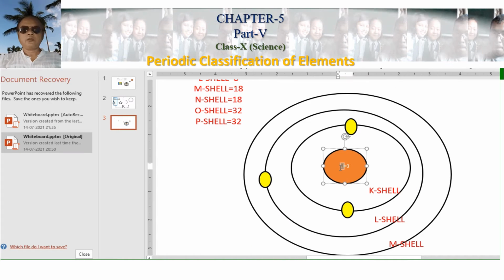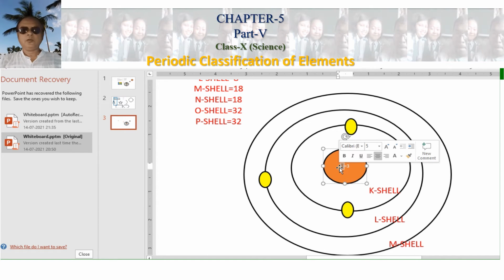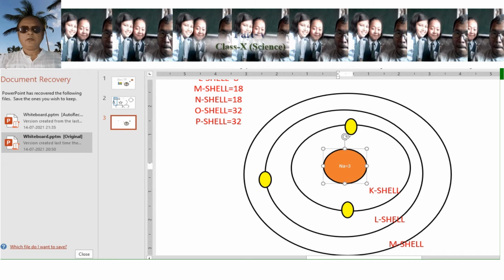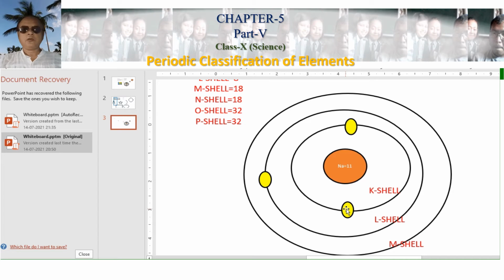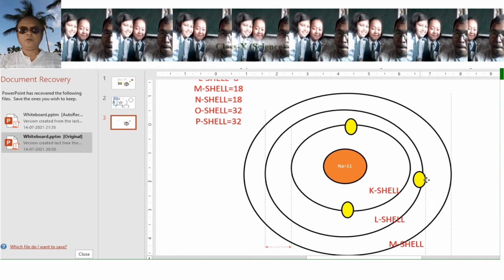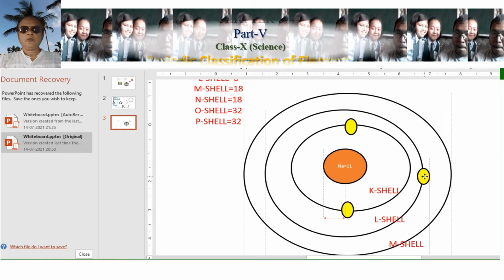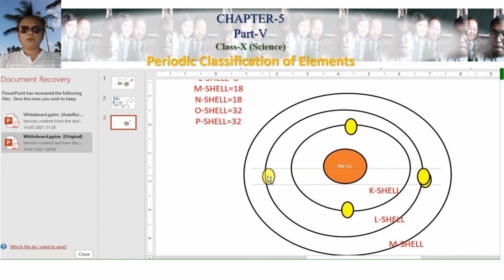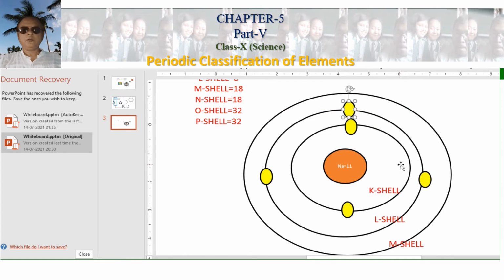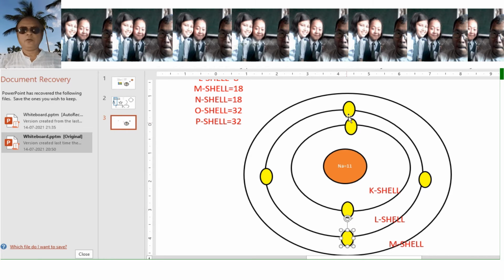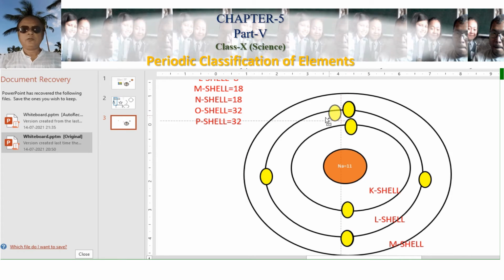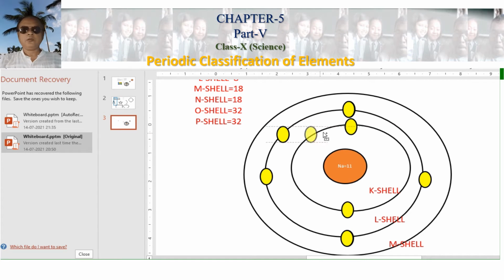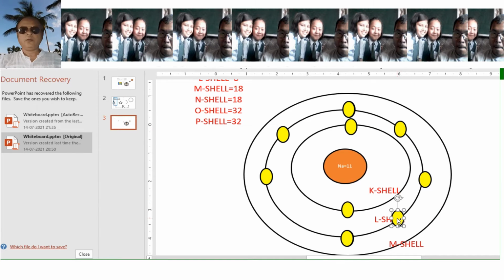So the first shell will have 2 electrons, and in the second shell, the L shell, there will be 8 electrons.